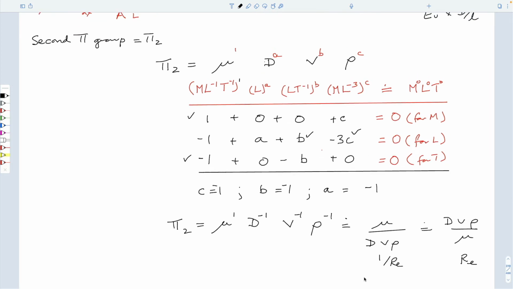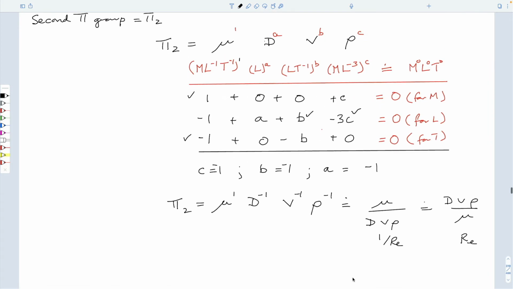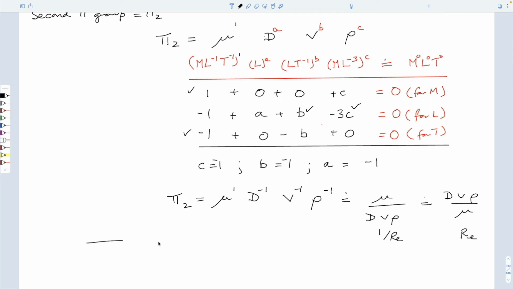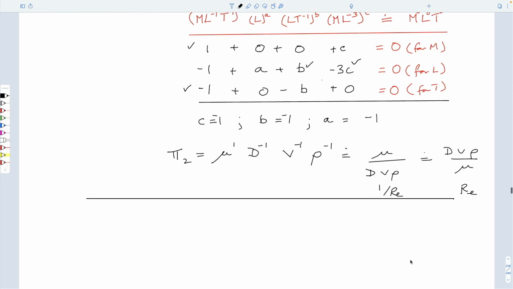And so what we have then, if we want to write it out in longhand, is pi 1 is equal to some function of pi 2. And that is going to be, in terms of the terms that we have, what was it?